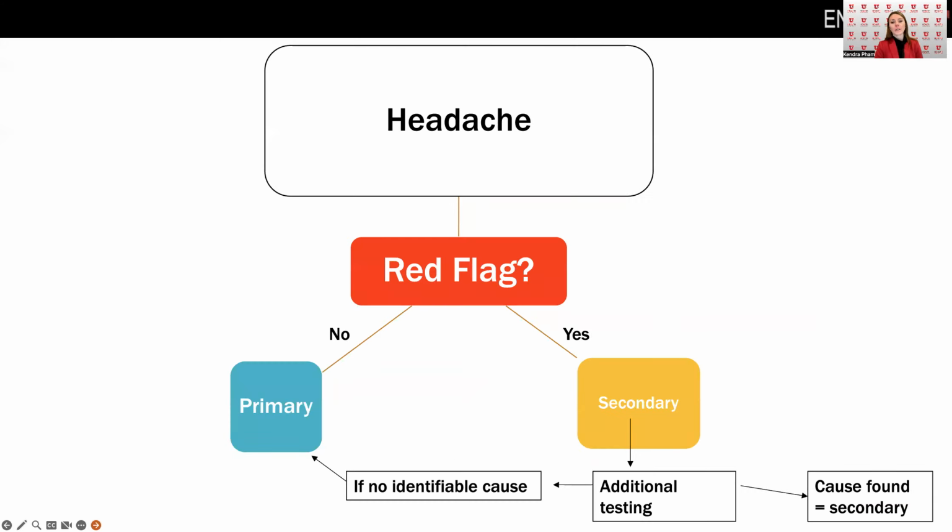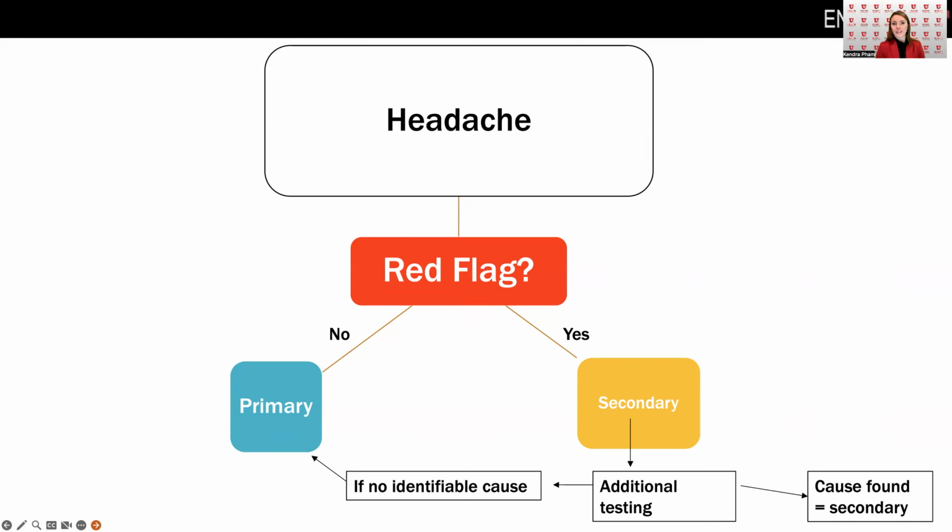And what we want to know the most about secondary headaches is an approach so that we don't miss them. So if you are seeing patients and somebody has come in with a concern about headache, one of your first jobs is to establish from their history or their exam if there are any red flags.